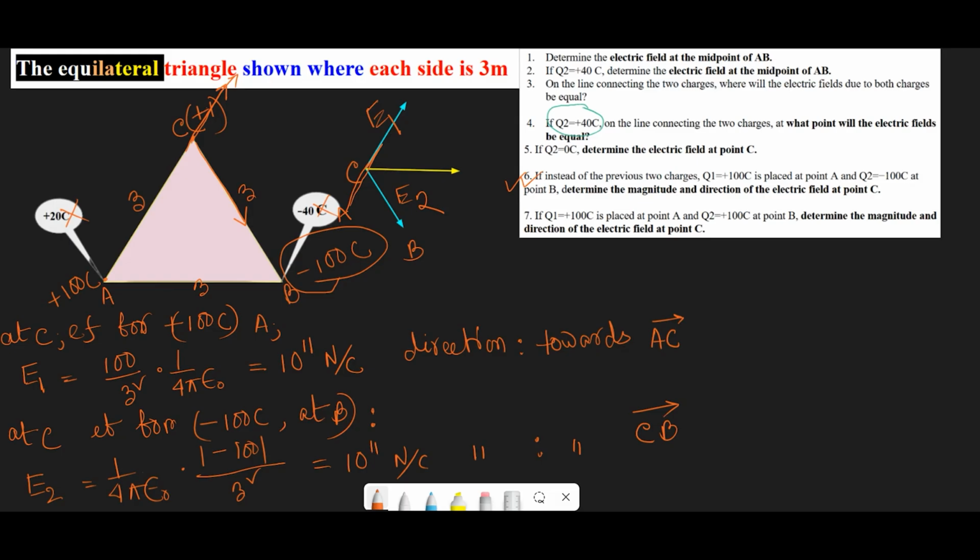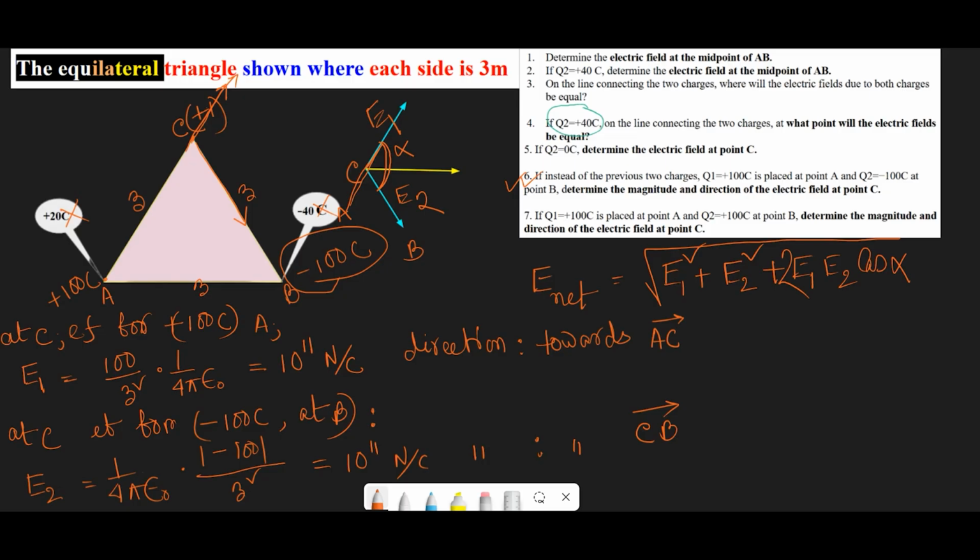Anyways, now the total electric field E, let's say this is E net, equals square root of E1 squared plus E2 squared, obviously, plus 2 E1 E2 cos alpha. Where is cos alpha? So in between these two electric fields the angle is alpha.